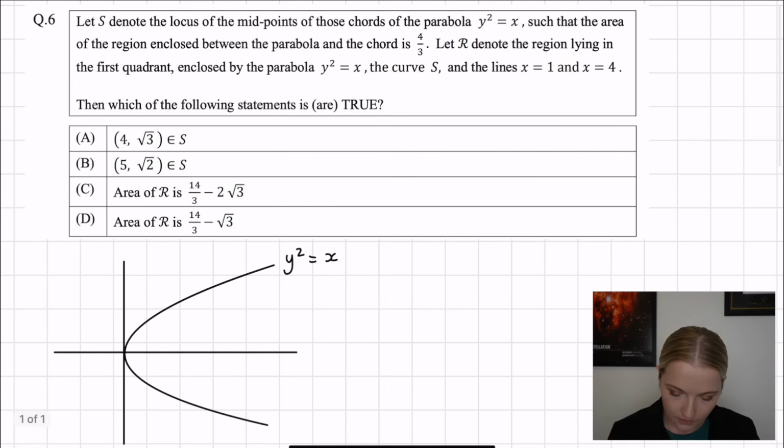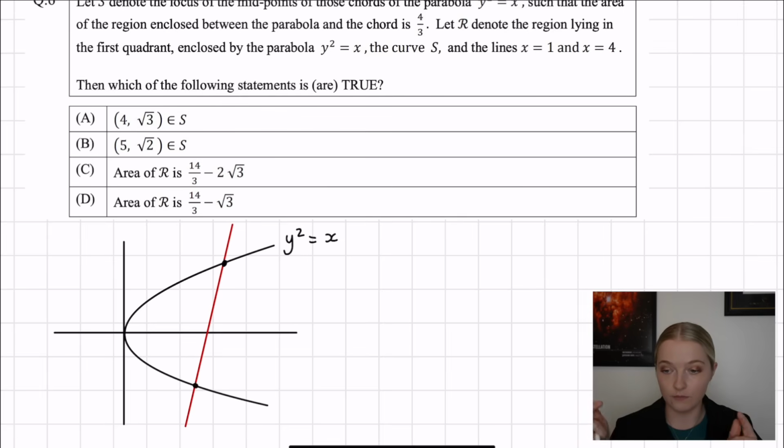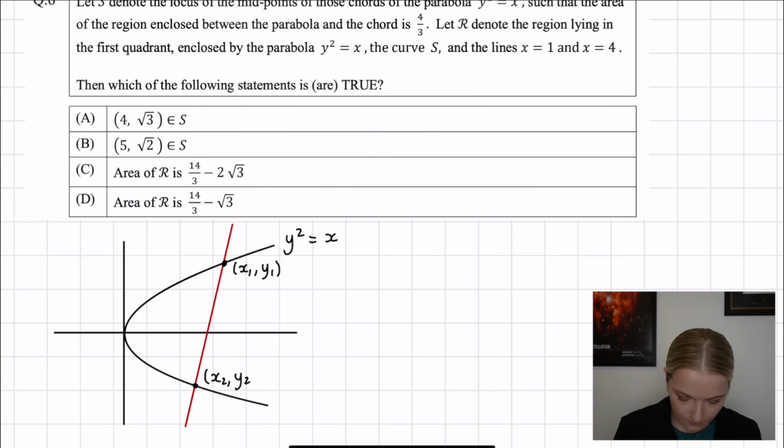Now we're told that there is a chord of the parabola, and it's essentially across this, so we can draw the chord. So it's probably going to look something similar to this, and I'm going to just denote the points at which this crosses the parabola. We're going to have this as x1, y1, and this as x2, y2.